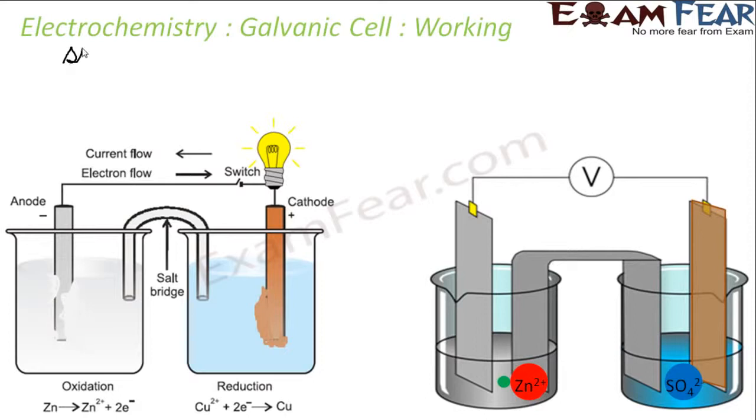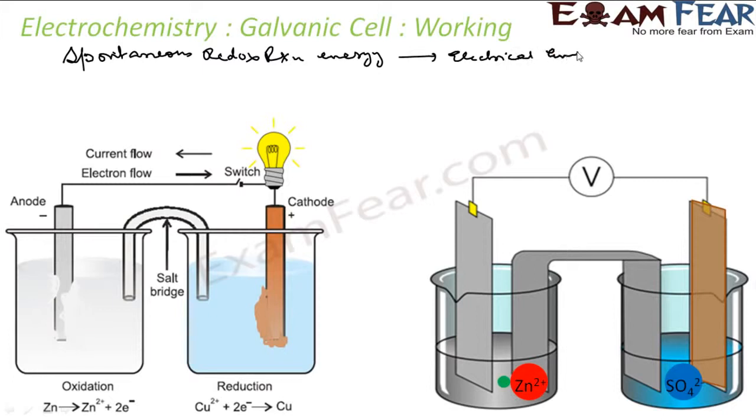This is my spontaneous redox reaction, whose chemical energy will be converted to electrical energy. And that's what happens in this electrochemical cell, and this galvanic cell is nothing but an electrochemical cell.